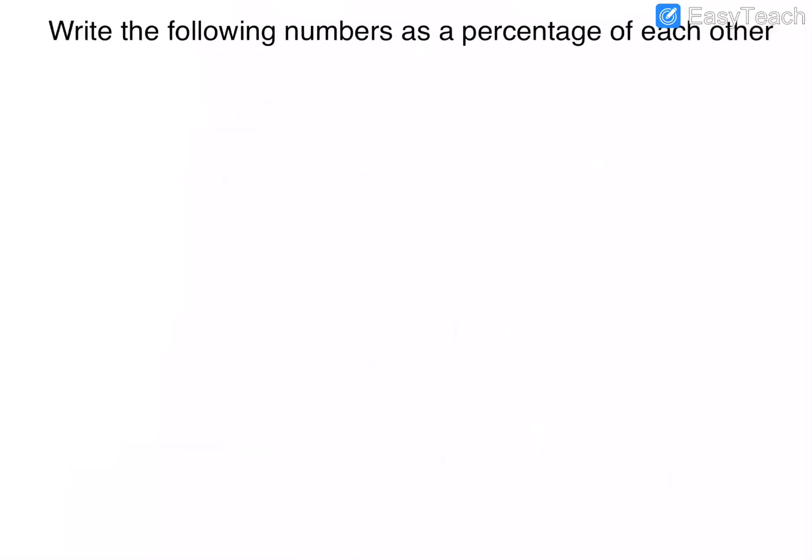Now moving on. Now it's asking us to write the following numbers as a percentage of each other. This one's a little bit harder, guys. It took me a little bit longer to understand as well. So say you're going to the school, and there might be a big sale.